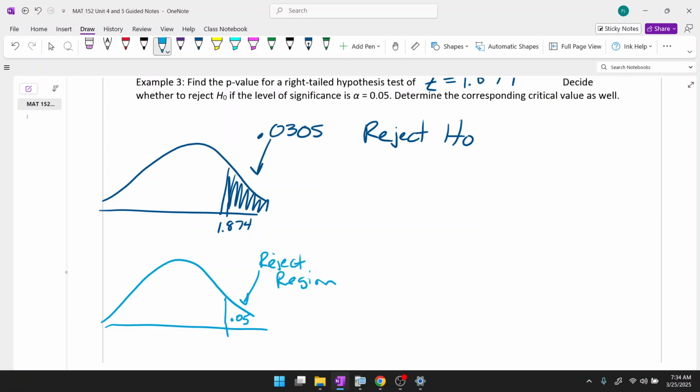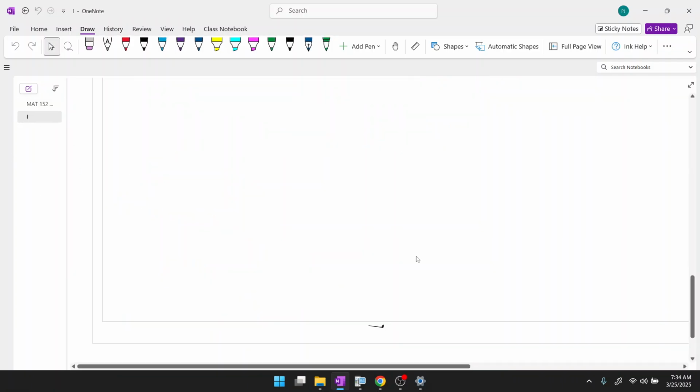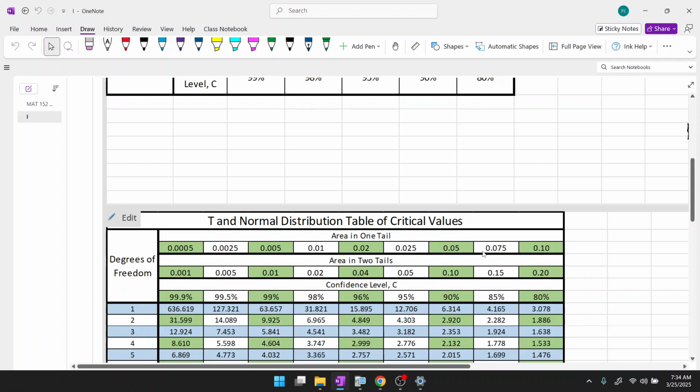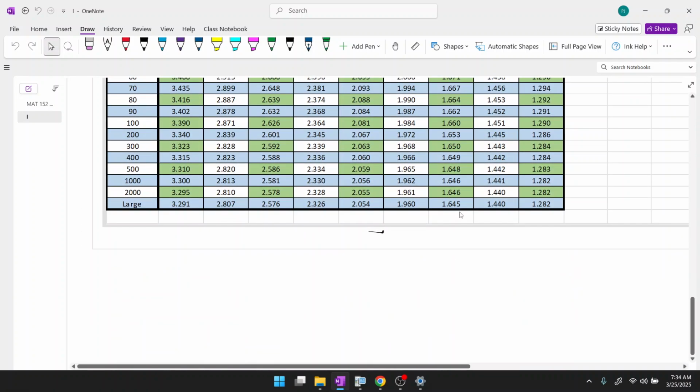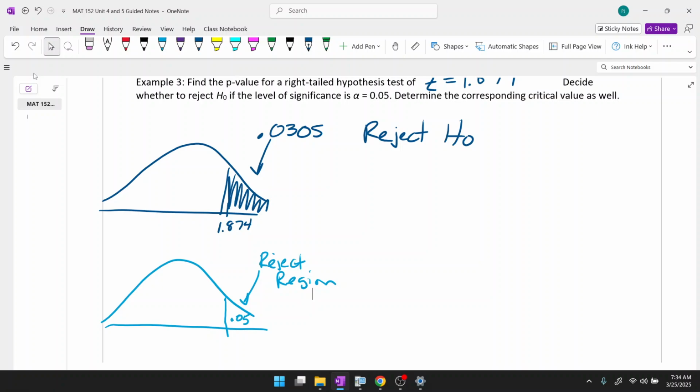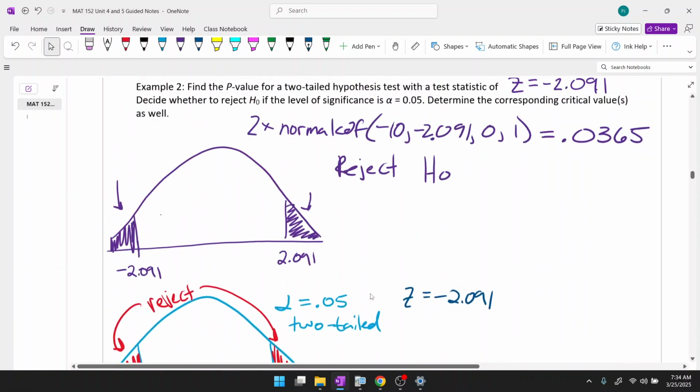So we're back to area in one tail of 0.05, and looking at large degrees of freedom, it's going to be 1.645. So your critical z is 1.645. The z value that I gave you to work with was 1.874, which was inside of here. That's why we rejected the null.